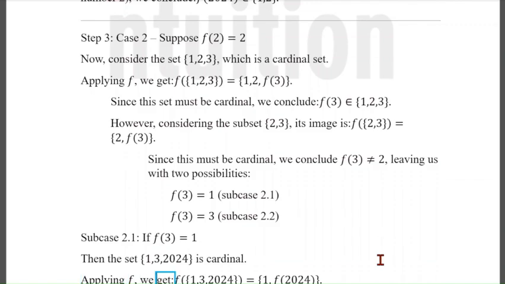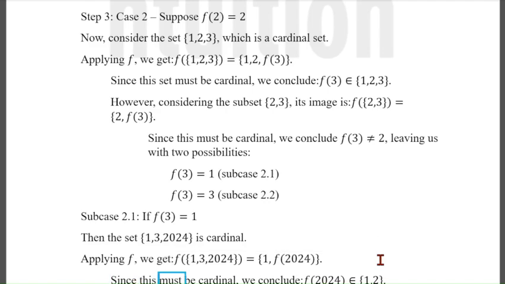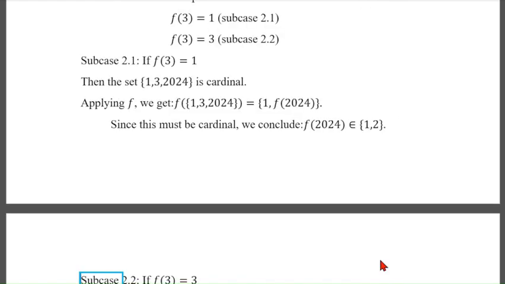Applying f, we get f({1, 3, 2024}) = {1, f(2024)}. Since this must be cardinal, we conclude f(2024) is an element of {1, 2}. Subcase 2.2. If f(3) = 3.